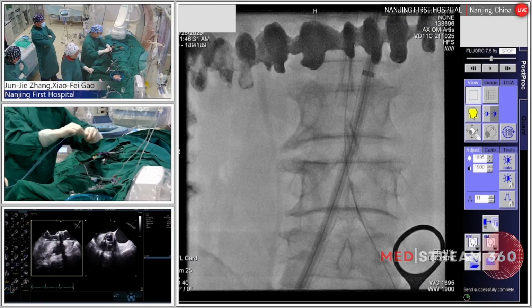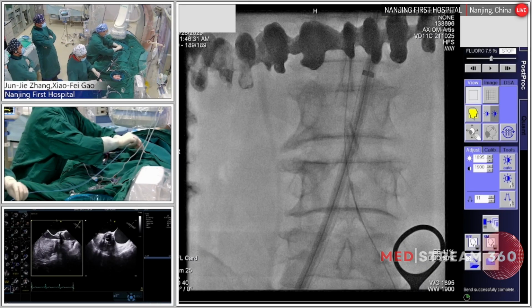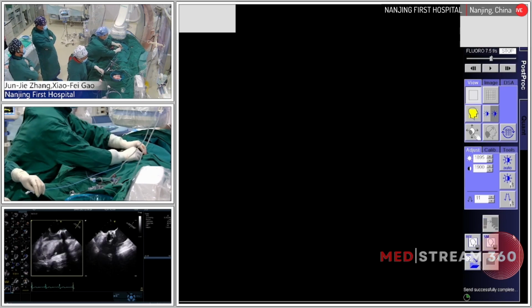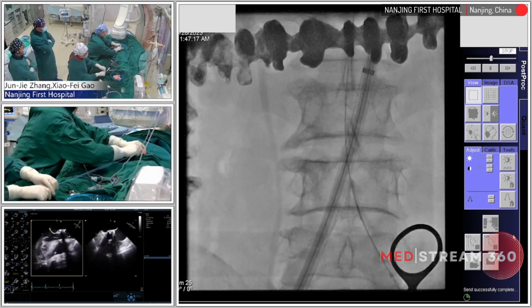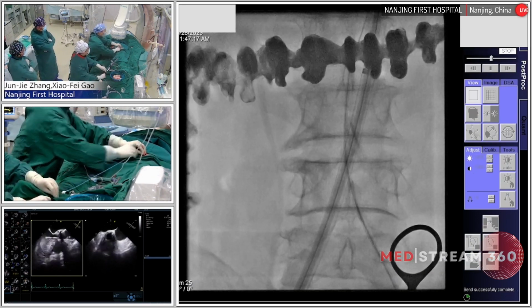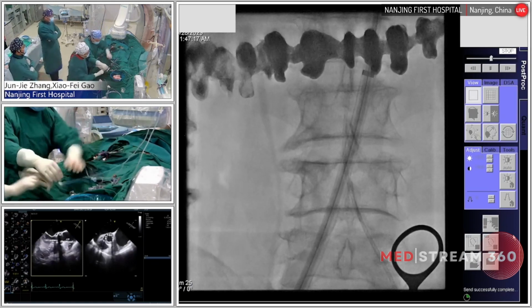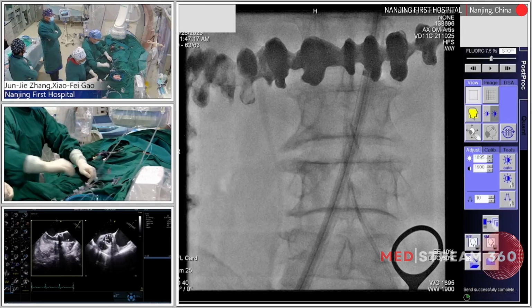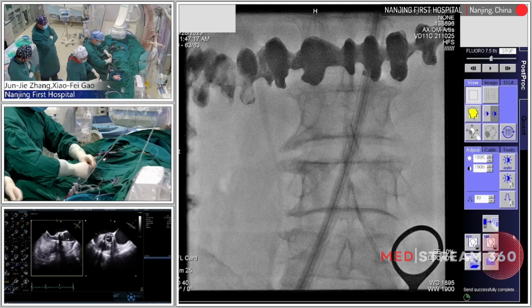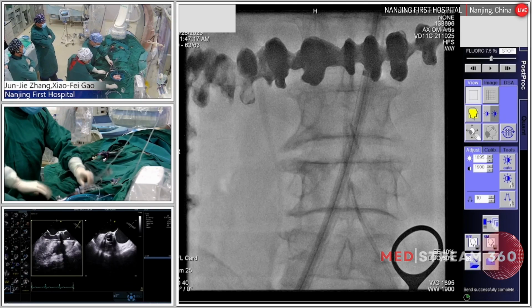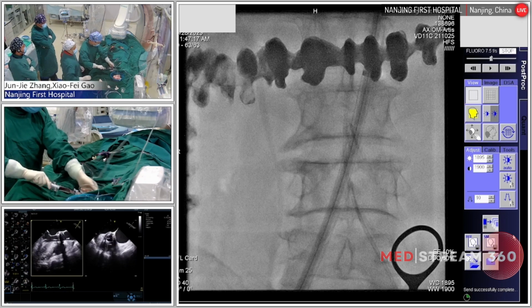Professor Zhang, your team has great experience dealing with this very challenging peripheral artery. My question is, what's your backup strategy if we fail to insert the sheath? Actually, for this particular case, I'm not worried we will fail to insert the sheath.